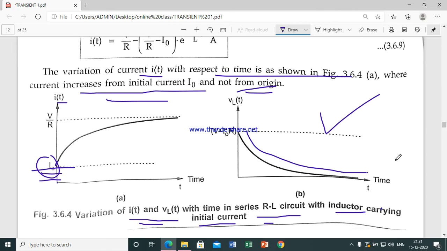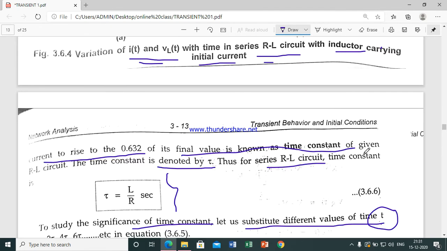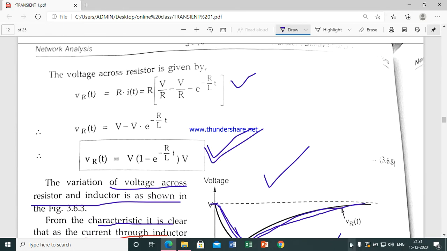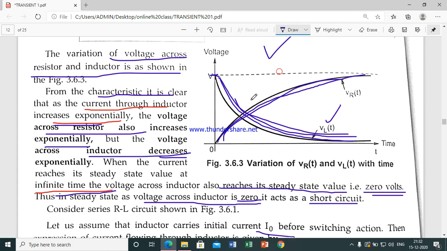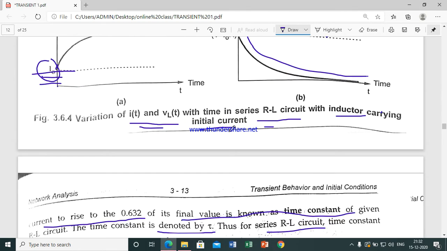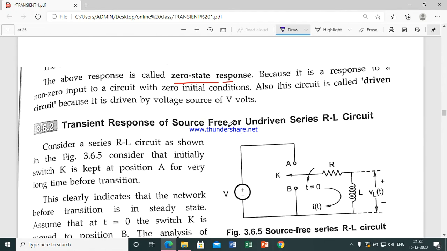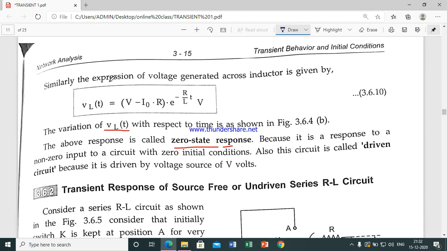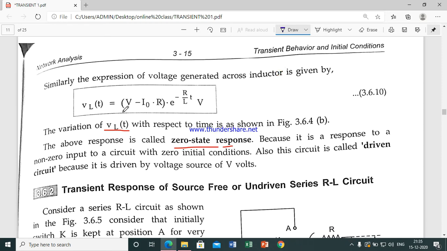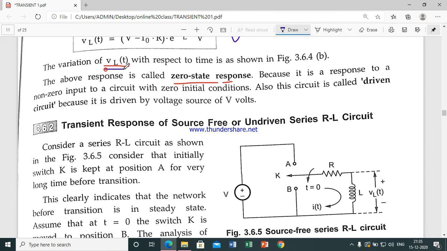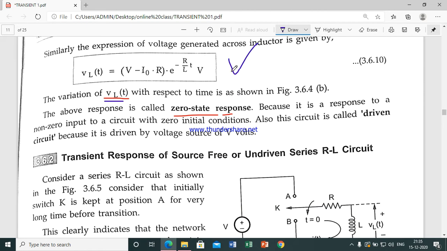It is decreasing like this. VL of t equal to V minus I naught R into this expression. The variation of VL with respect to time is given by this expression.